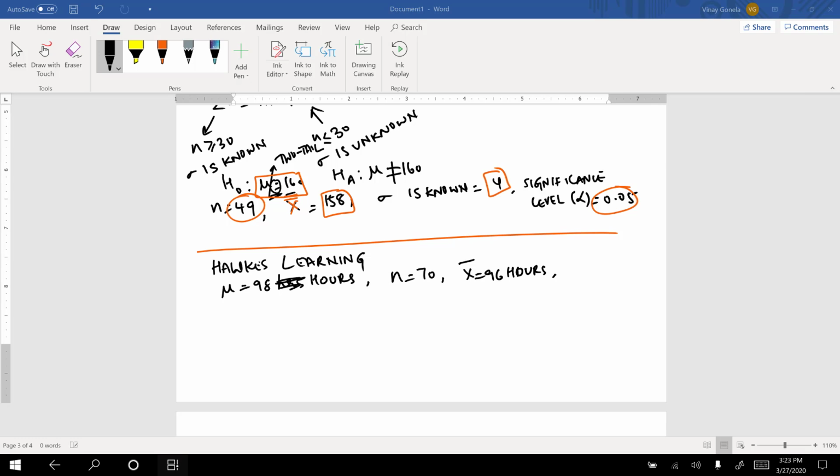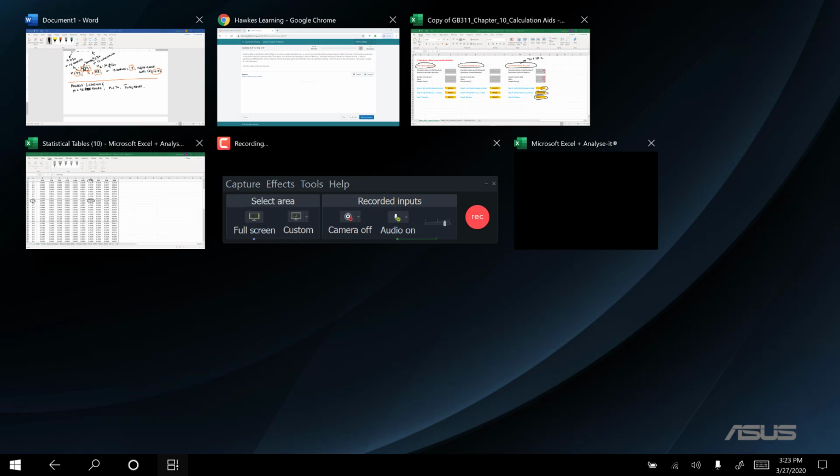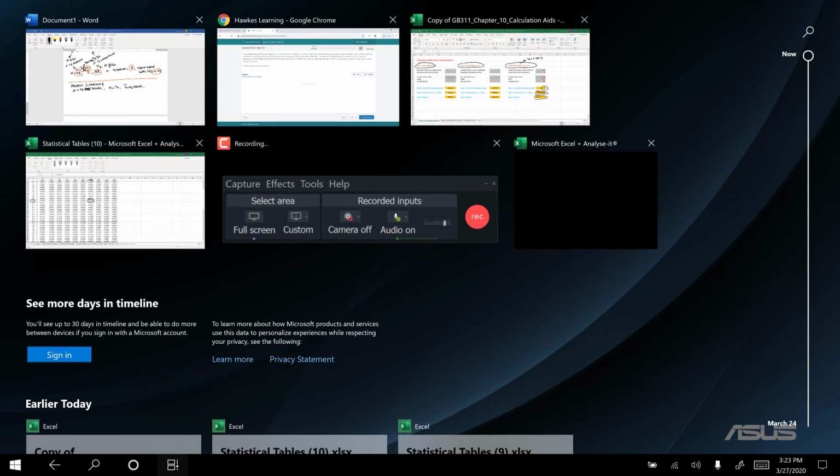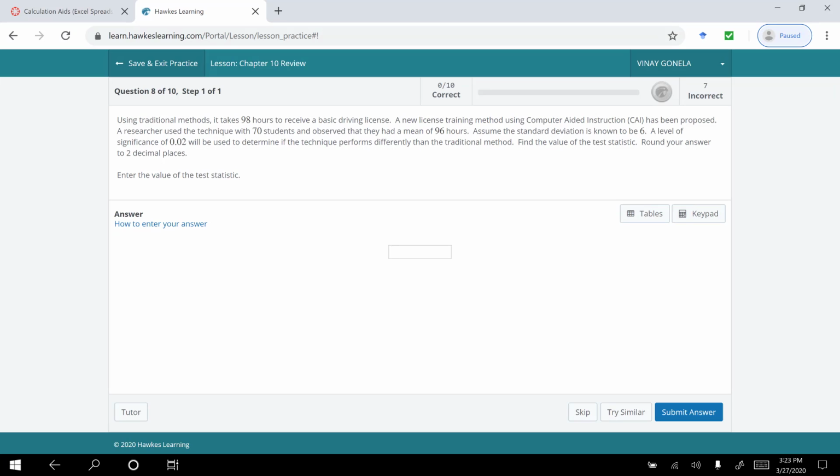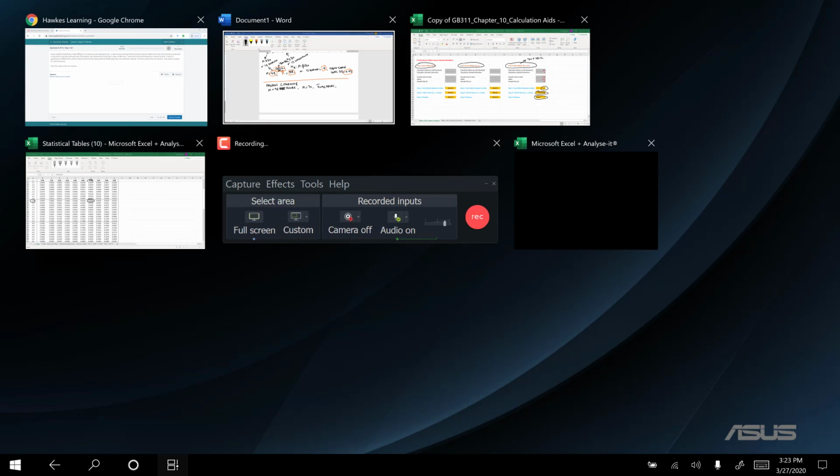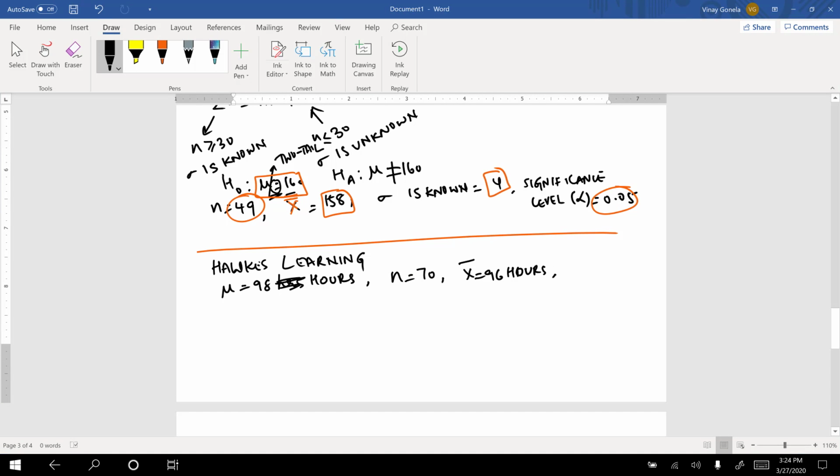And then assume the standard deviation is known to be 6. So your standard deviation, which is sigma, is known and it is 6.